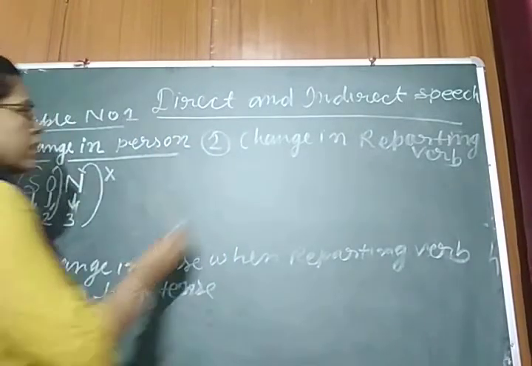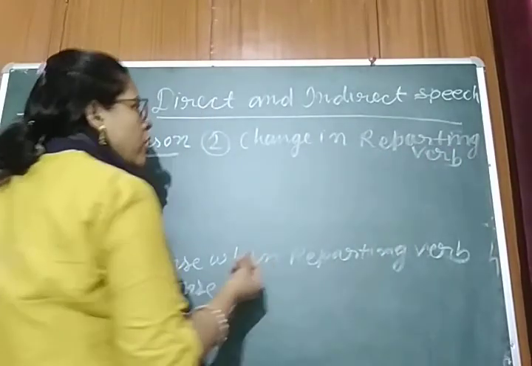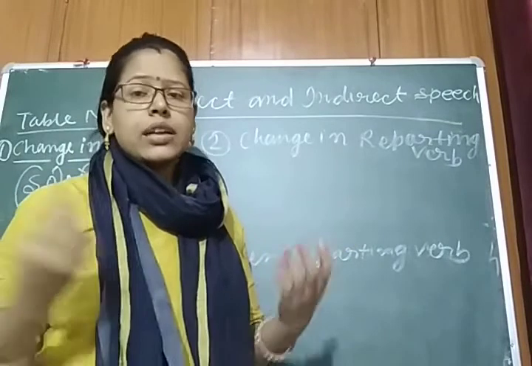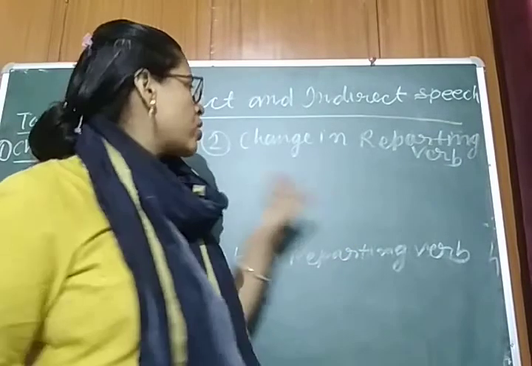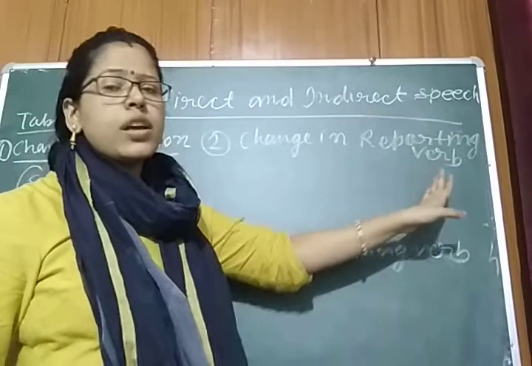Now come to the other one, that is change in the reporting verb. You are now very well aware of the reporting verb and the reported speech. I am talking about table number 2, change in reporting verb.